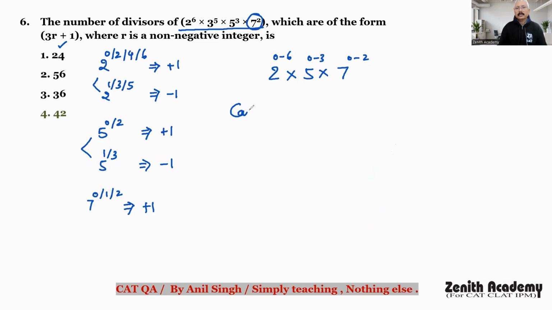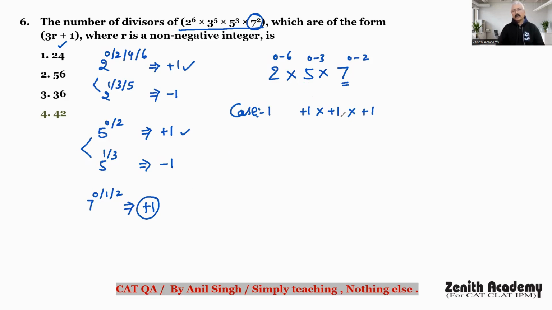Like in case 1, 2 to the power 0, 2, 4, 6 means these are four cases where it is giving remainder plus 1. Okay, I'm writing it directly. If any of the four cases, 2 is giving remainder plus 1. And 5, suppose here I'm also taking the plus 1 remainder. And in case of 7, we always get remainder plus 1.